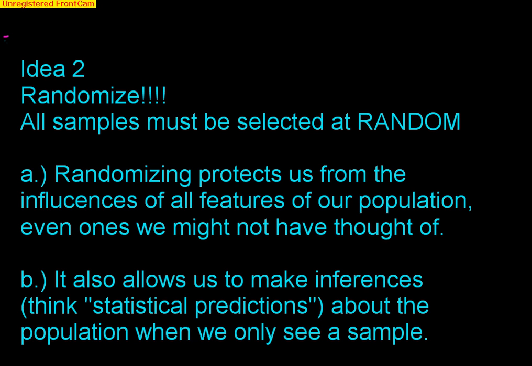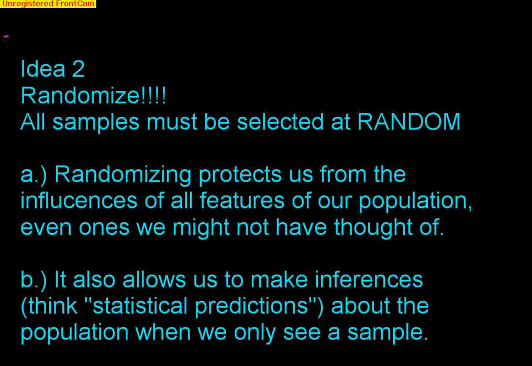But the important thing about randomizing is that even if there was another characteristic that we didn't think of, for some reason like eye color, maybe eye color had something to do with our survey, and we didn't even think of it, well then a true random sample should give us blue-eyed, green-eyed, brown-eyed. It should give us a total mix of the different eye colors out there. So again, randomization really protects us from features of populations that we didn't necessarily think of. It makes it very nice and split evenly. Randomness allows for it to just be random.